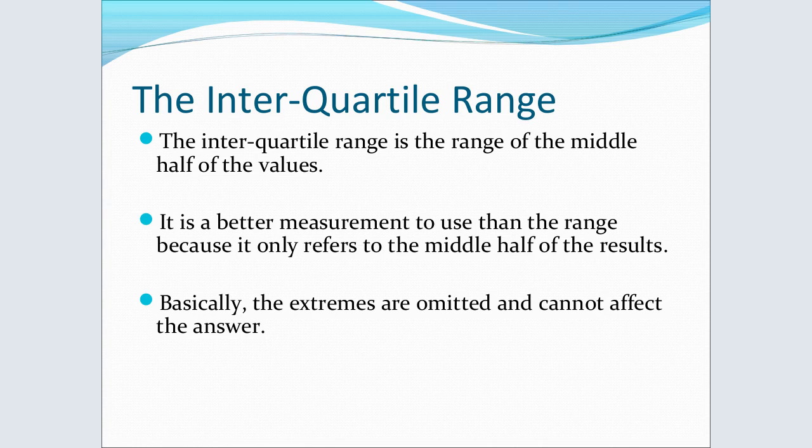Let me make you remember again, because this is the last time I'm going to do this. L1 is the lower class limit of the median class. Then n is the number of observations.